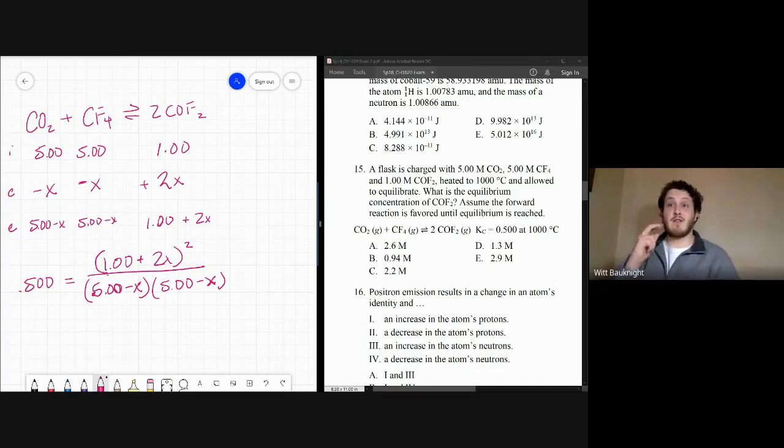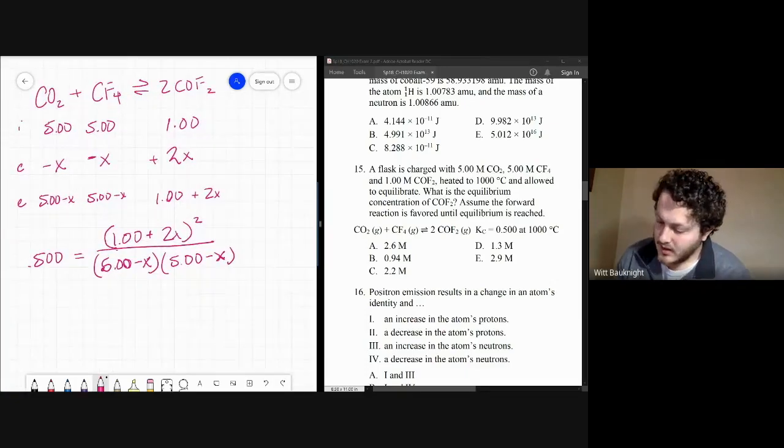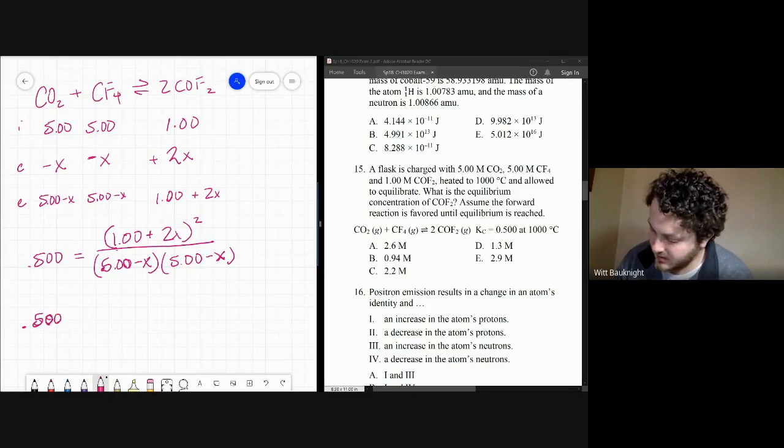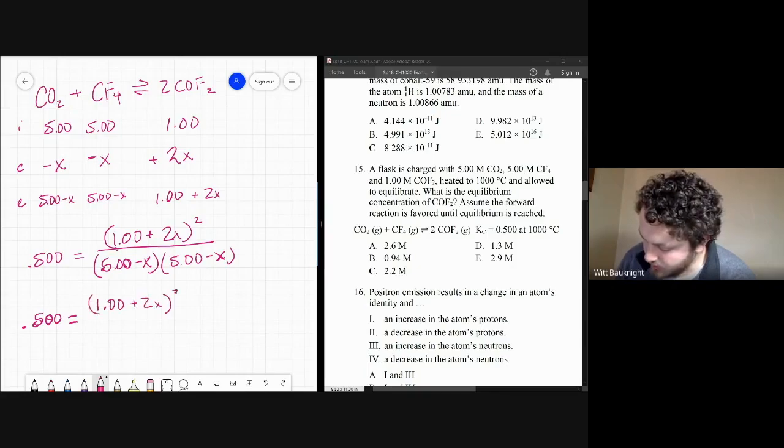So for those of you who are afraid of algebra, this looks scary because it looks like we're going to have some x squareds, which means the quadratic formula. But don't dive in yet. There is a way to help you with this problem. Let's think about this. 0.5 is equal to 1.00 plus 2x squared.